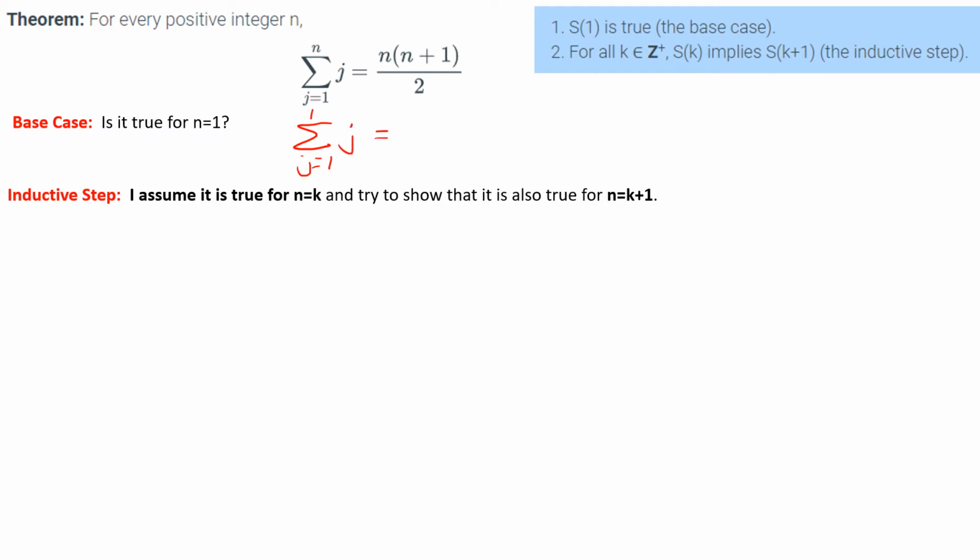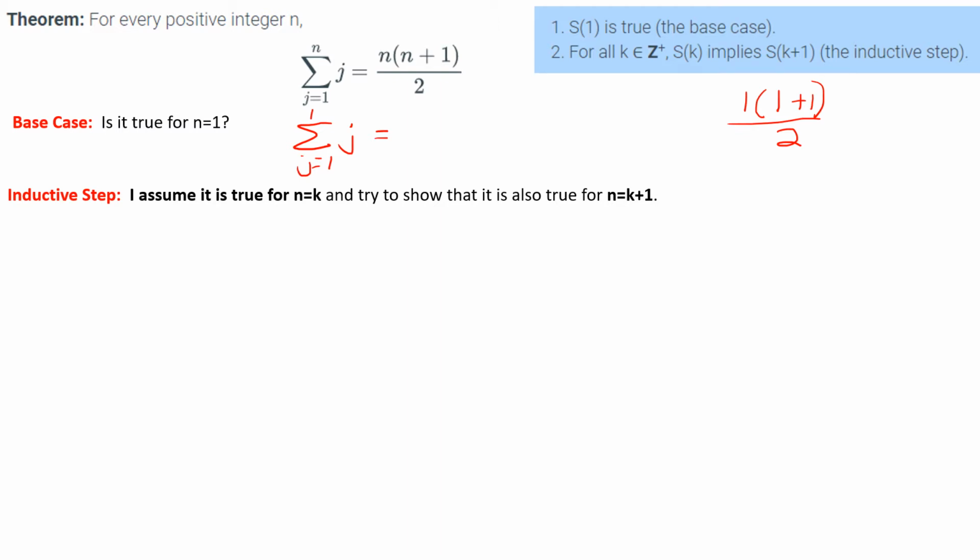Does that equal? That's the question. And let's figure out what that would be over here. It would be 1 times 1 plus 1 over 2, right? So if we can show that this over here on the left is equal to this, then we've proven the base case. Well, let's see, what is j equals 1 up to 1?